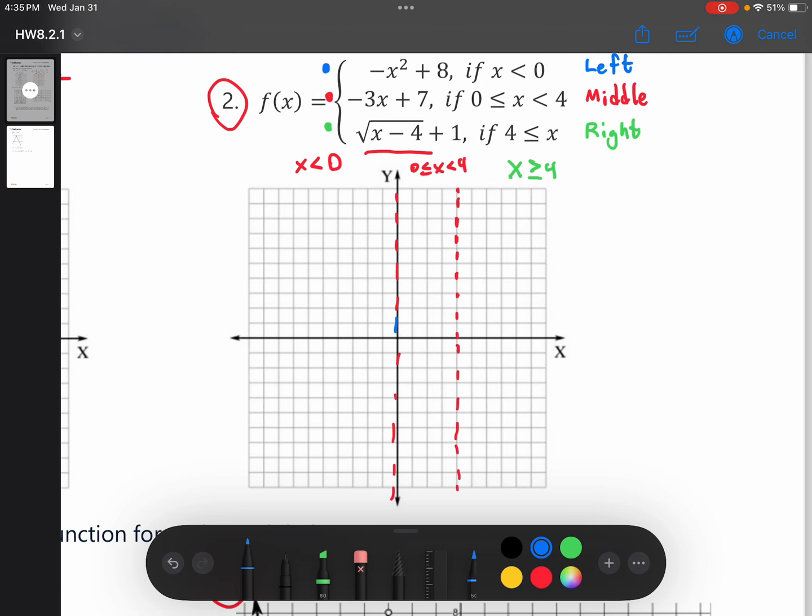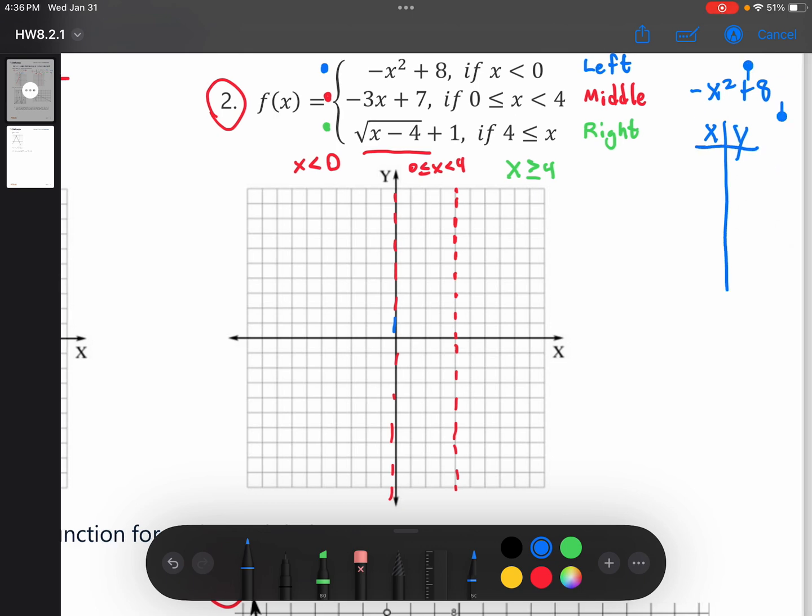Now, you may not remember, but for -x squared plus 8, the parent function is x squared. So I'm going to write this one so you can see it. This function is just the parent function.